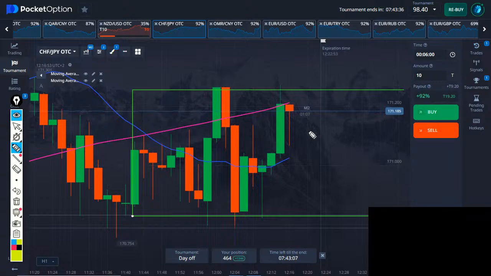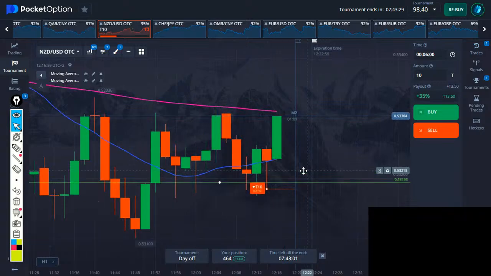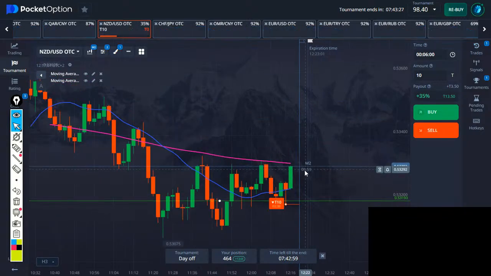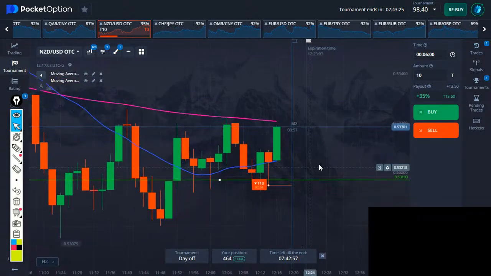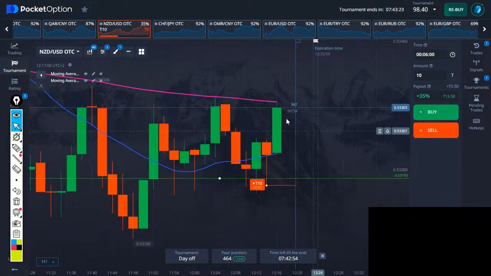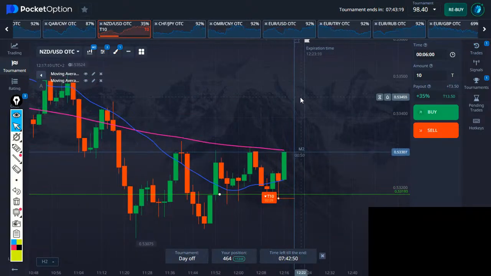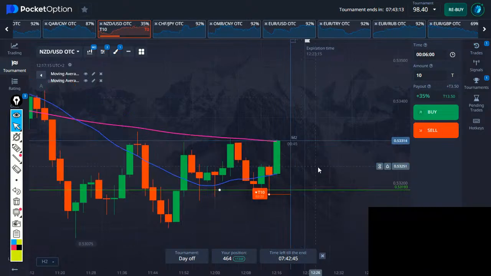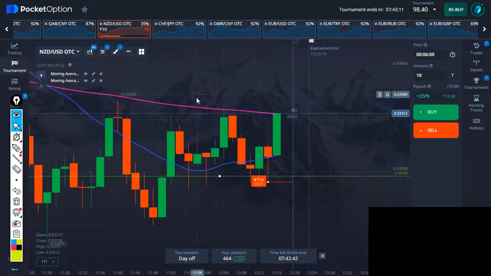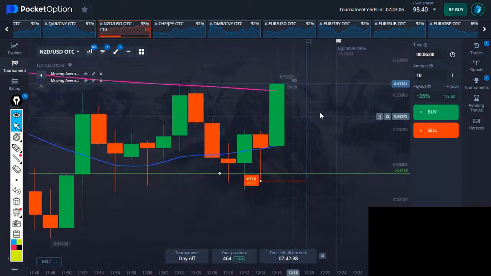This is a different thing. Come on. I might take a buy for 6 minutes on this one if it closes strongly here, because it's taking out the swing high.